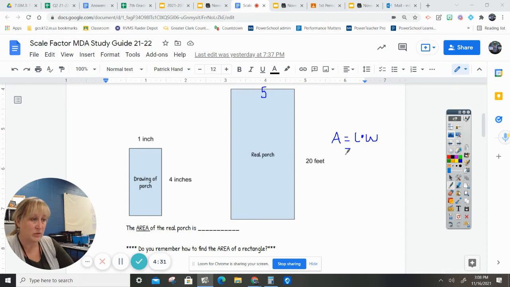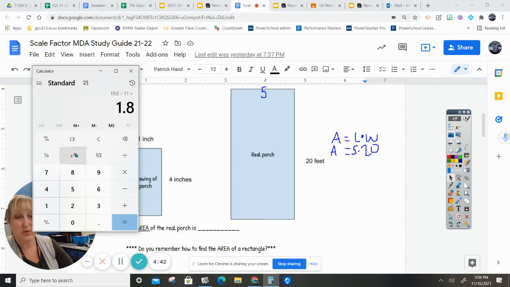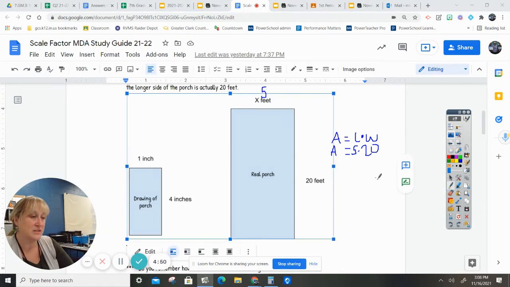So area equals the 5 times the 20. Use your little calculator if you need to. I don't need to, but I'm going to just so you see we're using the calculator. 5 times 20, I bet it's 100. The answer is 100.